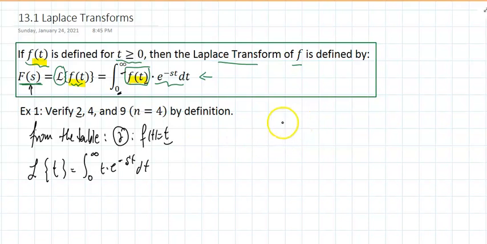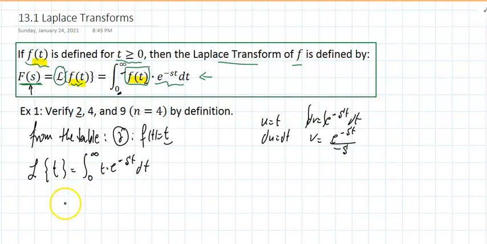I go on the side and I say, alright, well, if we let u equal t, du is dt. And if I let dv equal e to the negative st dt, what's s? As far as t is concerned, it's a constant. If you integrate, v will be e to the negative st divided by negative s.